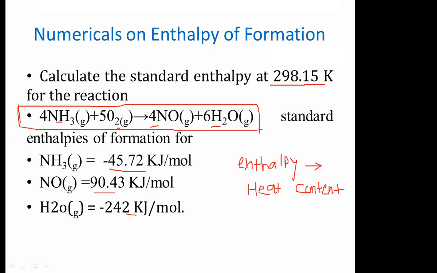Is it okay? Somebody can give a response in the chat also, so that I can understand. If you are writing, tell me when the numerical write-up is over, so that we can go to the next slide and I will give the solution.